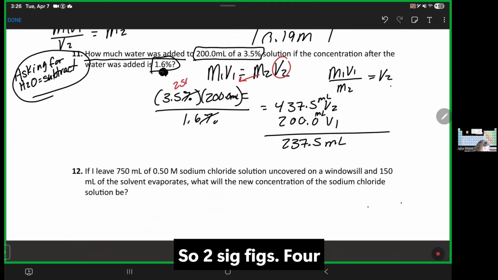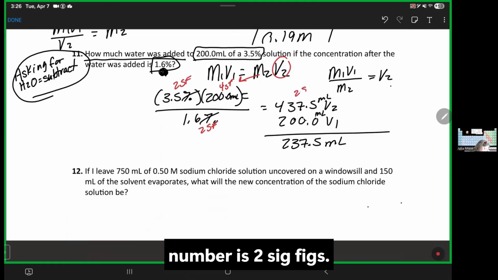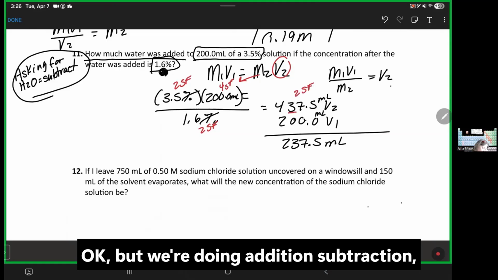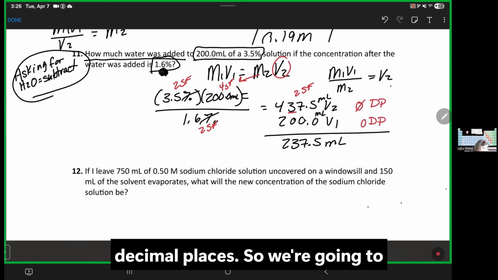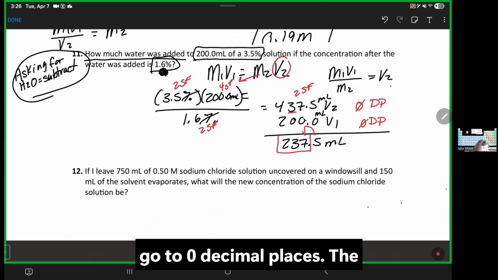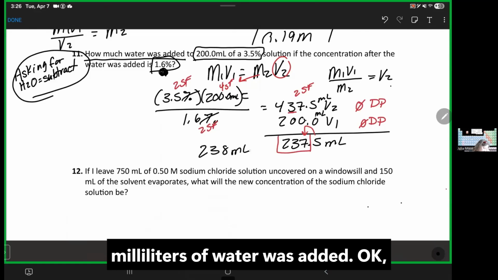So 2 sig figs, 4 sig figs, 2 sig figs. So this number is 2 sig figs. Okay, but we're doing addition subtraction, which means 0 decimal places. So we're going to go with 0 decimal places. The 5 rounds that up. So 238 milliliters of water was added.